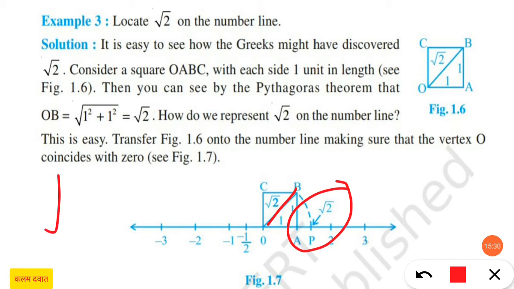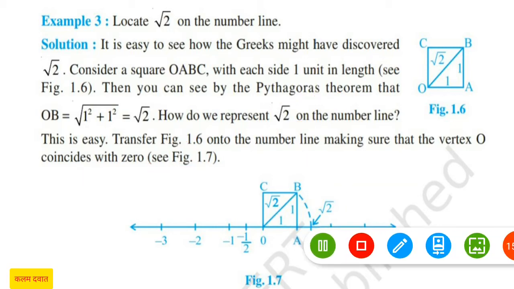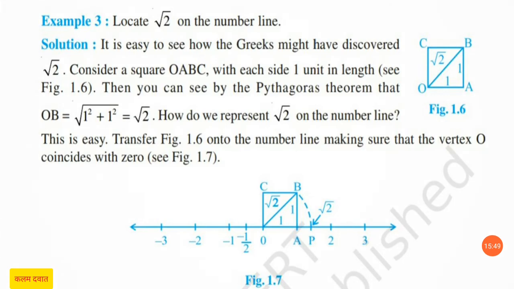Using this method, we can point root 3, root 5, root 7 on our number line. So with rough paper and compass, you should try all these numbers and see where they are lying on the number line.